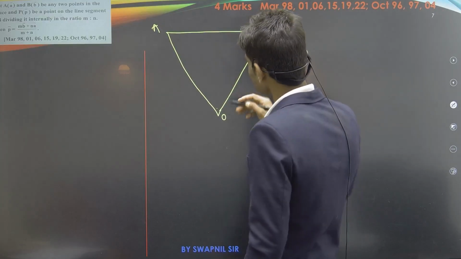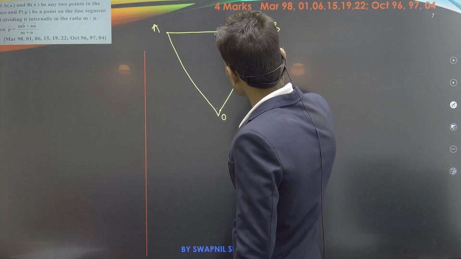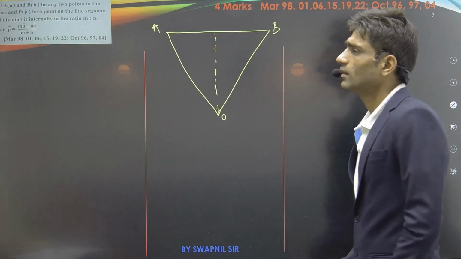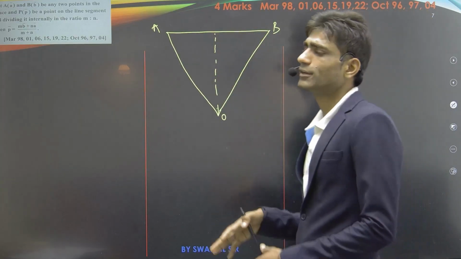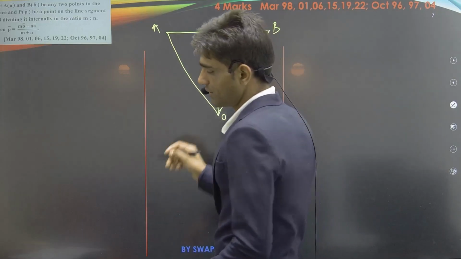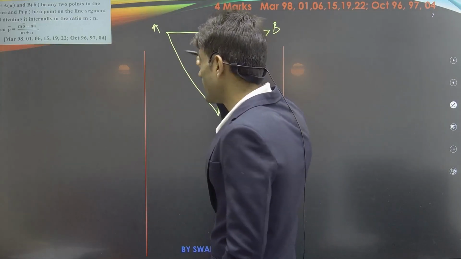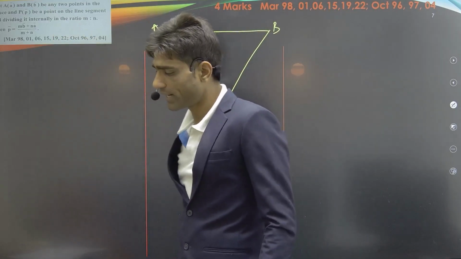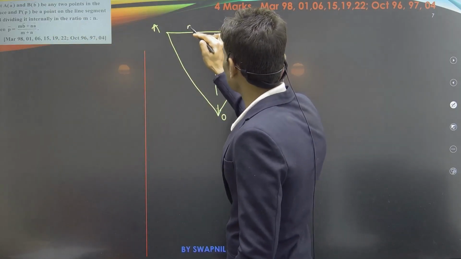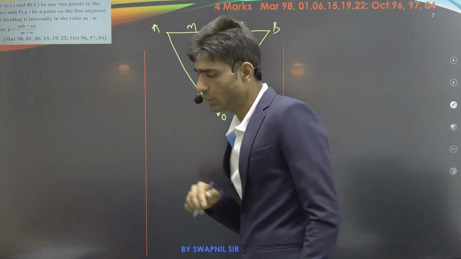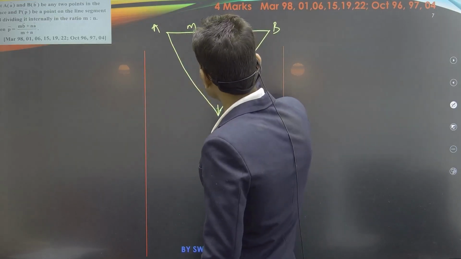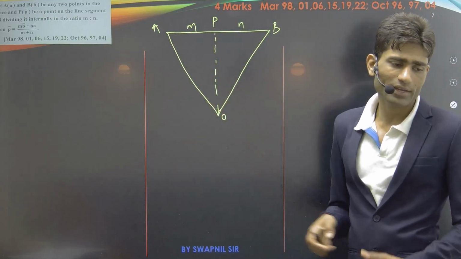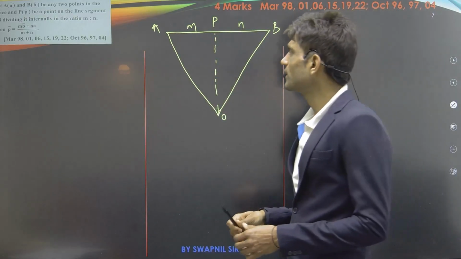Consider this line as the internal division line for our line segment AB. We define the internal division with a ratio, so consider this ratio m to n as the internal ratio, and consider this point as P. This one is the internal division of our line segment AB.